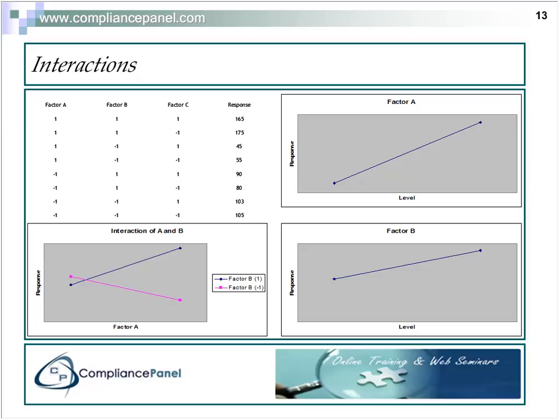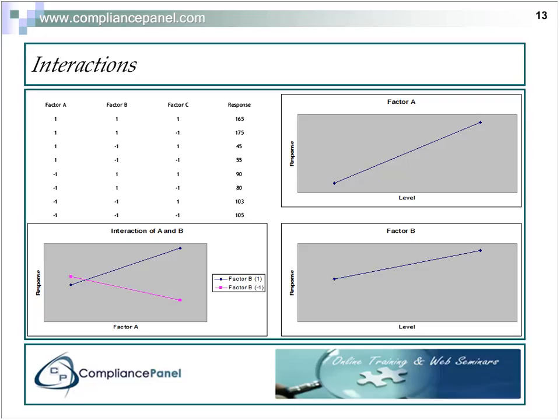Now, remember what I said early on. Typically, when we are doing screening designs, we assume that there are no interactions. And this is a problem that we must deal with on a regular basis, because if this is a true situation and I'm assuming the interaction is not significant, I would probably conclude to run A at its high level and B at its high level to get a maximum response.